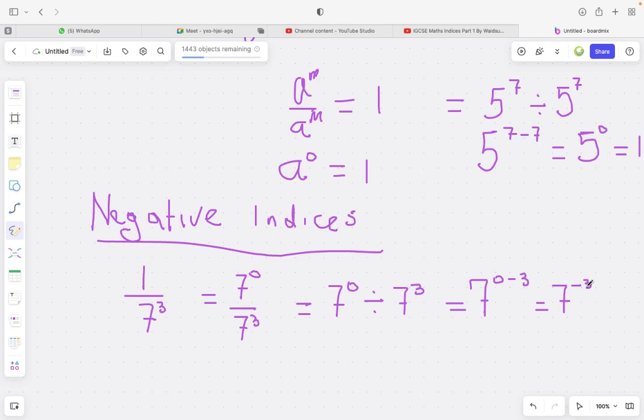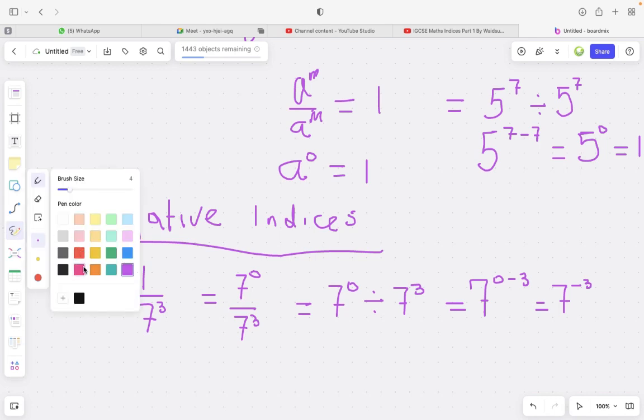Here I'm going to tell you something again: when you get a negative index, there's something that permanently relates to a negative index.